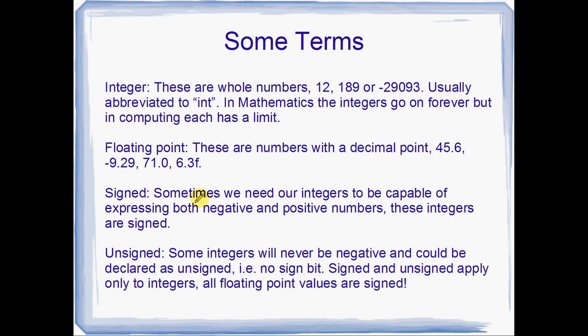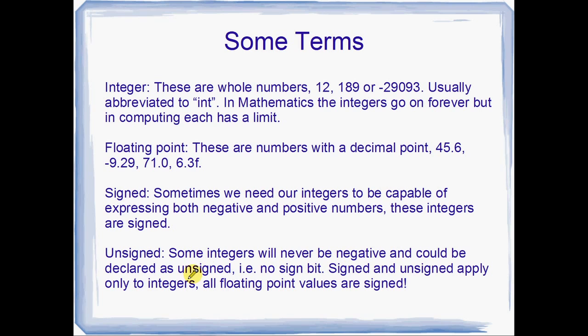Signed is another term. Sometimes we need our integers to be capable of expressing both negative and positive numbers, and these integers are called signed. So if you've got a whole number, and maybe it's got to be negative, or maybe it's got to be positive, then you'll want to store it in a signed integer. Unsigned, on the other hand, can never be negative. They range from 0 all the way up to some positive number, and they can't be negative.